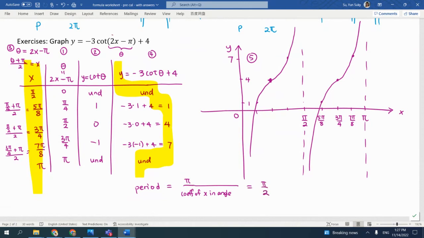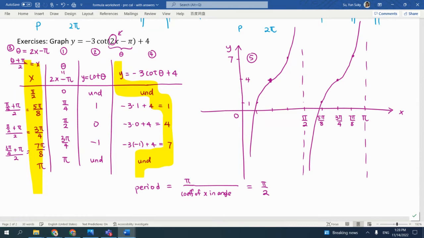Right? The coefficient of x inside the angle is 2. So the period is pi over 2. And you say, oh, really? Because the difference between pi and pi over 2 is pi over 2. So that's one period of the cotangent.